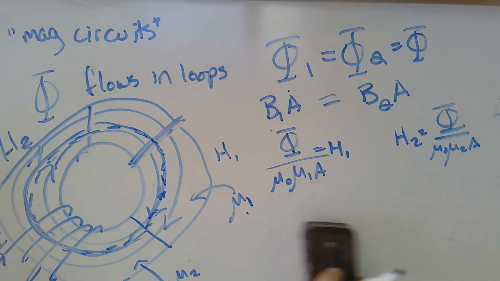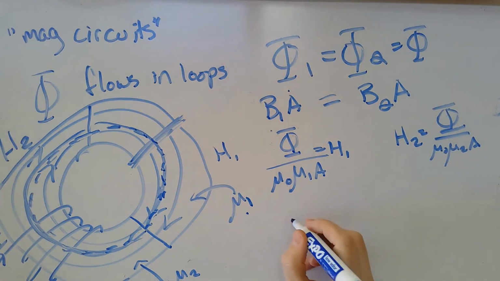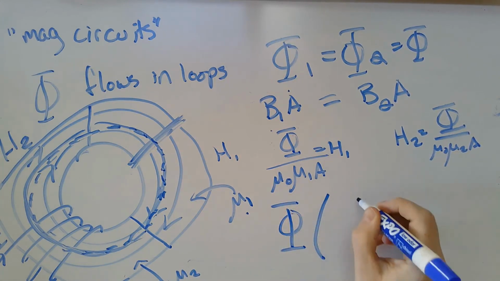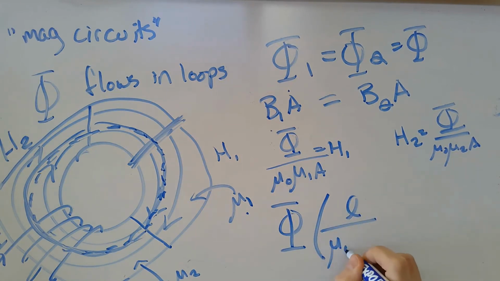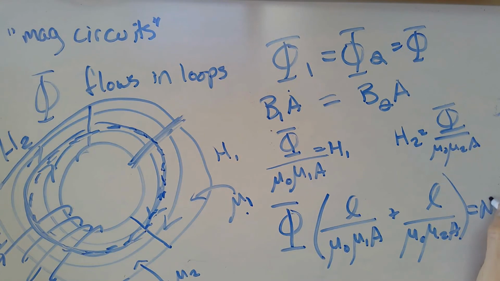So then we can rewrite this magnetomotive force equation as flux times L over mu naught mu1 a plus L over mu naught mu2 a is equal to Ni. Now this looks a lot like the resistance of something, right?